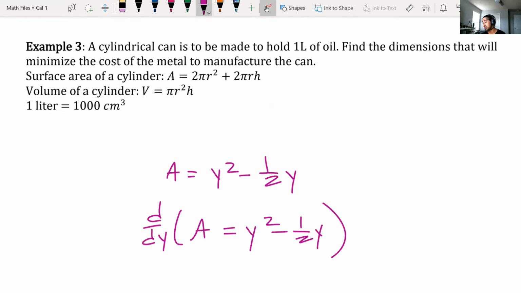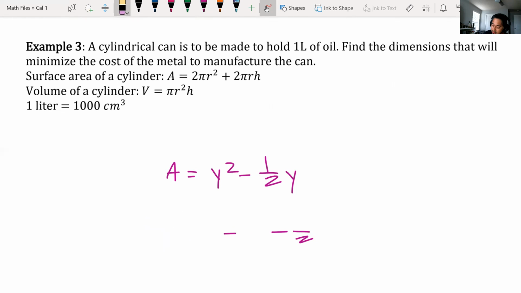That's something you've probably never seen, but you're taking the derivative, so it would work the same way. You'd get 2y minus 1/2. But as long as you get the equation all in terms of one variable, you're good to take the derivative.